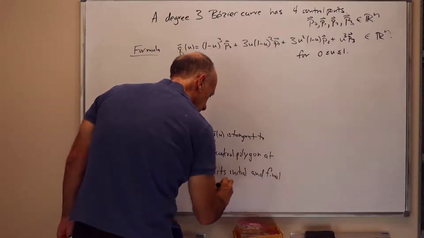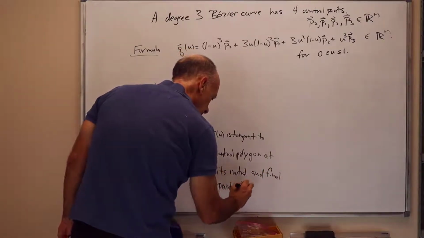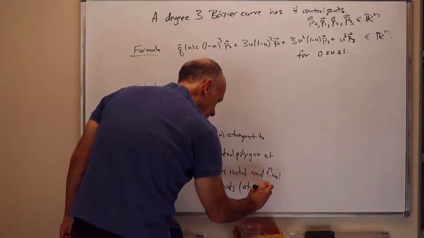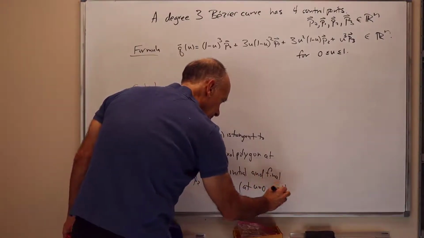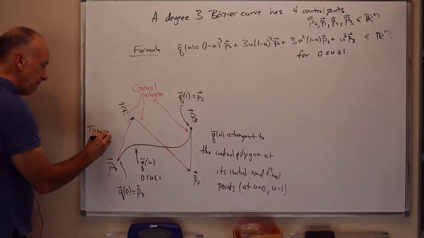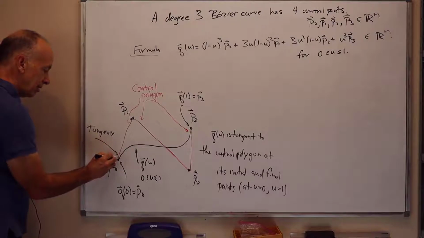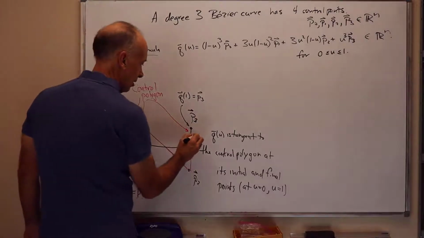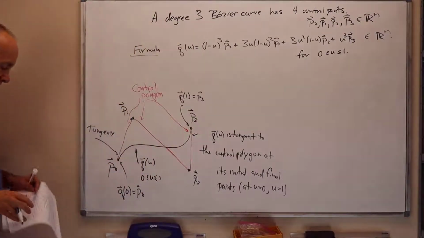That is, in other words, at u equals 0 and at u equals 1. And that's drawn here. So we have a tangency here. It's supposed to be tangent to the control polygon, and another tangency here, tangent to the control polygon.